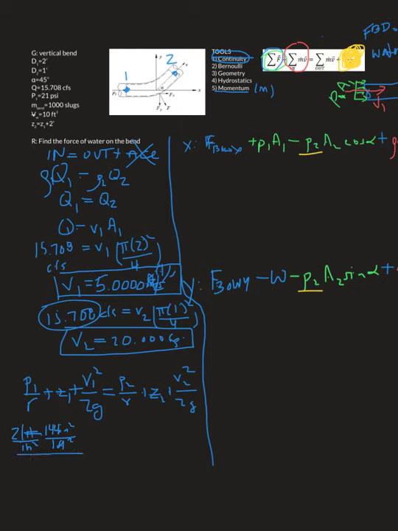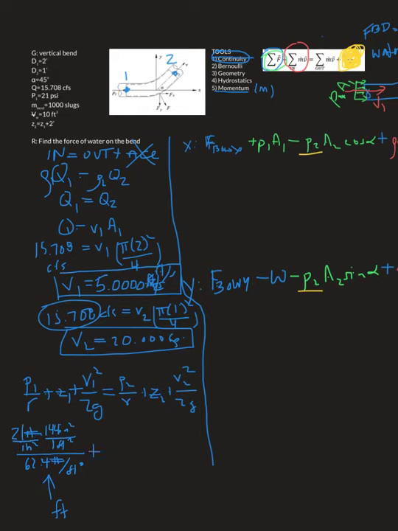That's going to go on top of gamma. This is water we're talking about, so the gamma of water is going to be 62.4 pounds per cubic foot. Notice we've got pounds over cubic feet on the bottom, and we've got pounds over square feet on the top. So this is going to come out in terms of feet, which is what we want.